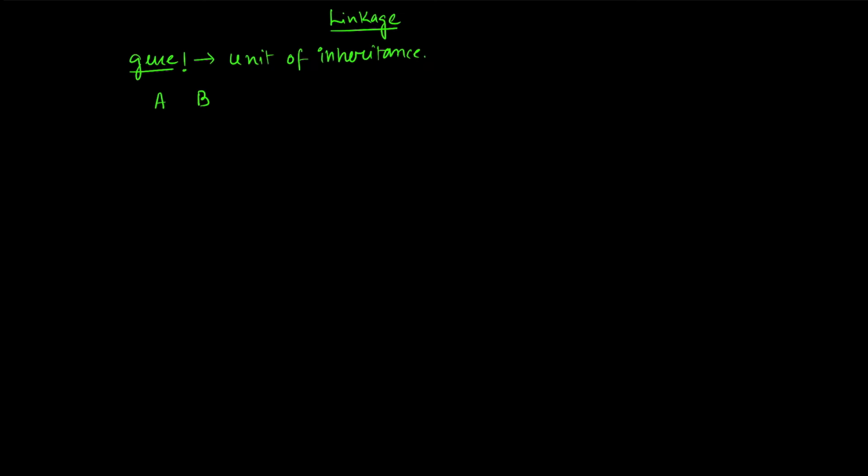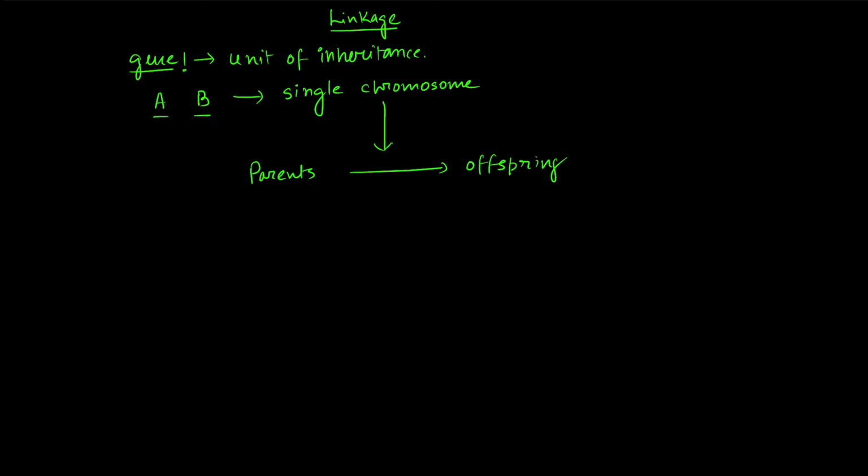So if these two genes are present on the same chromosome, and linkage between them is present, then according to linkage, when these chromosomes are assorted from parents to offspring, there will be a tendency of both the genes to assort together.